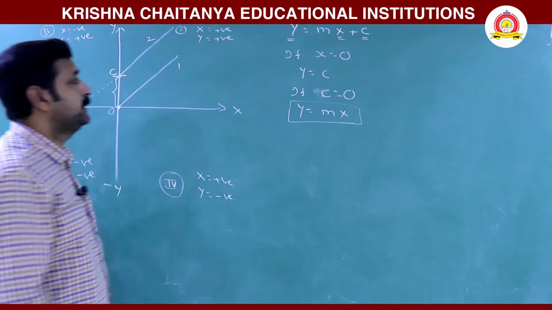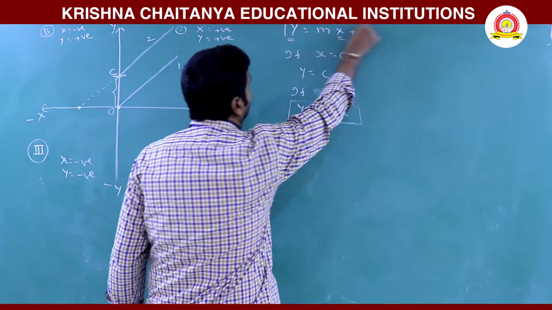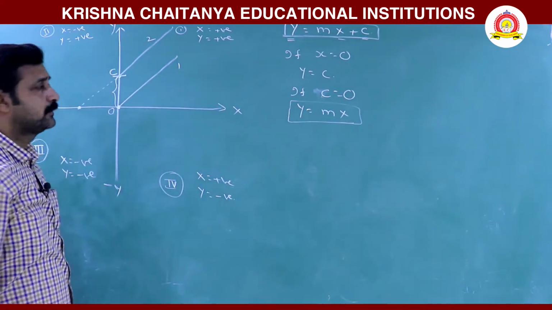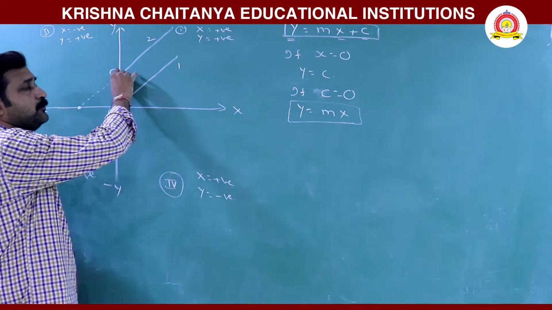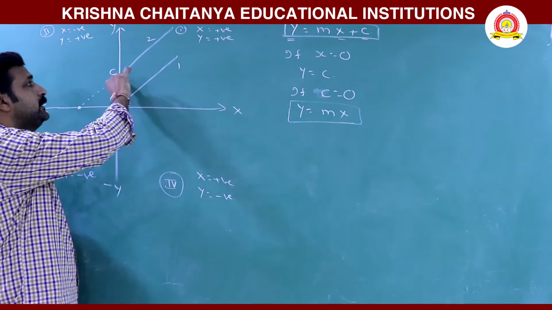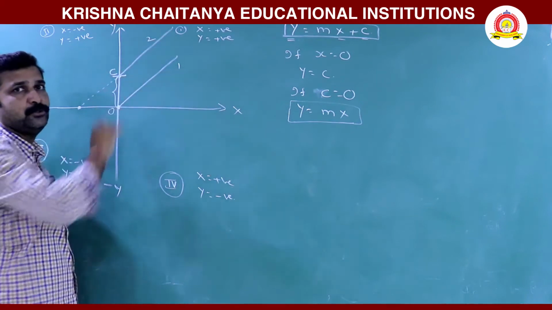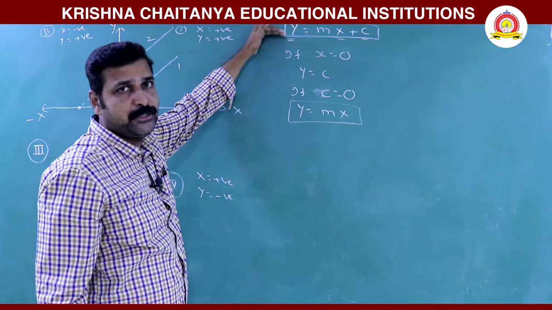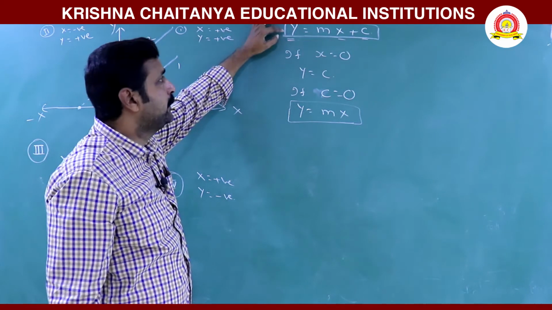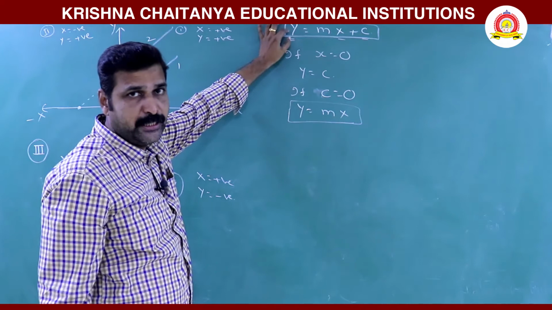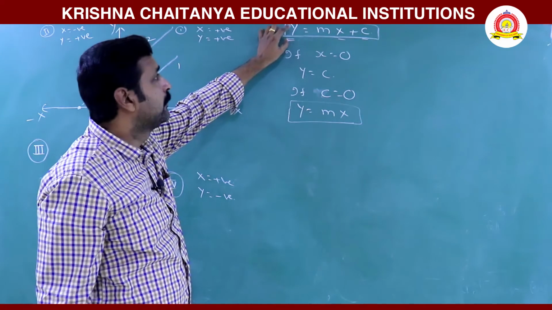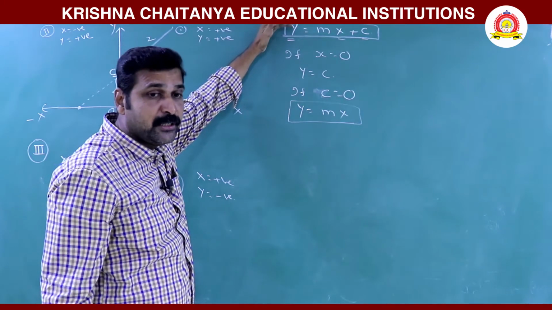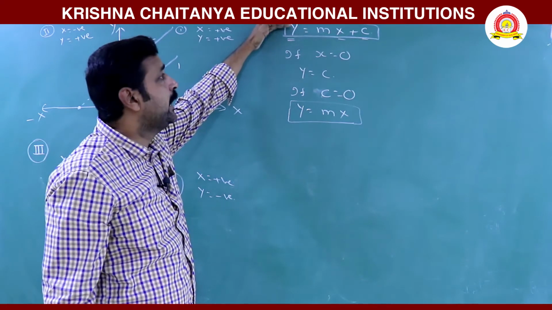So, this is a straight line which is having a y-intercept, means the straight line starts from here. This is the straight line which is not passing through origin. So, this straight line expression represents the line which is not passing through origin, which is having a y-intercept.